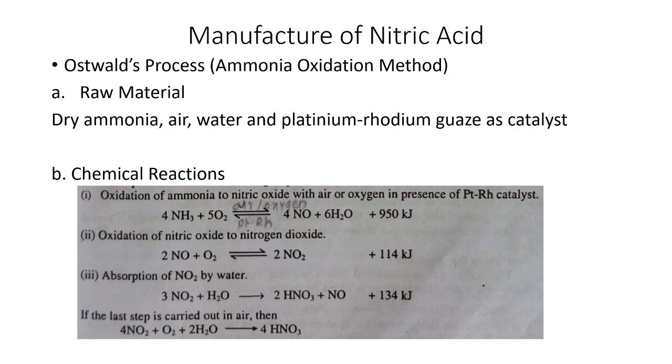Okay, so this completes our manufacture of sulfuric acid. Now we'll move towards the next basic chemical, that is manufacture of nitric acid.